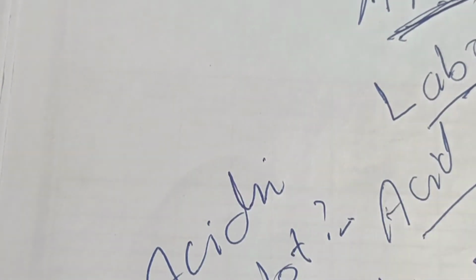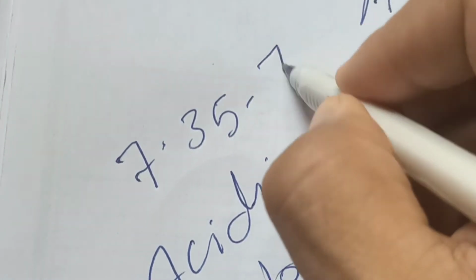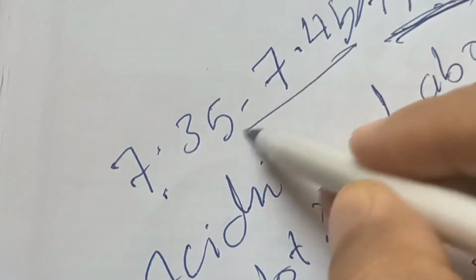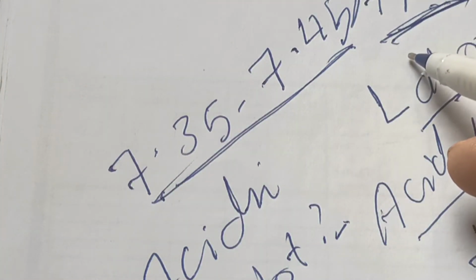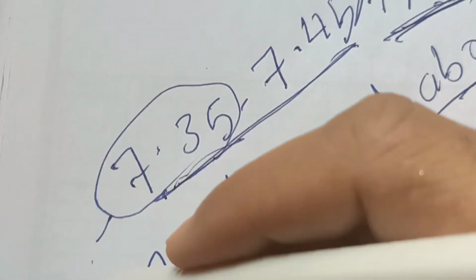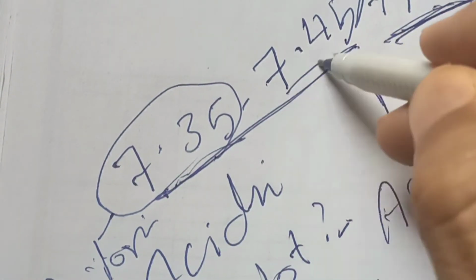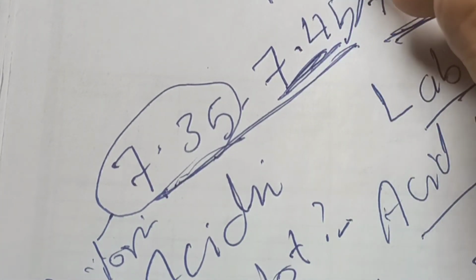What is the normal pH? Normal pH is 7.35 to 7.45. Below 7.35 is acidosis. Above 7.45 is alkalosis.